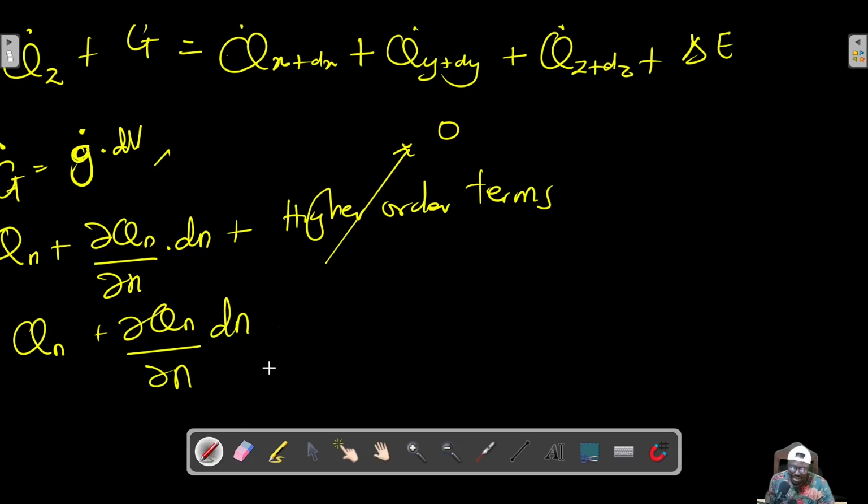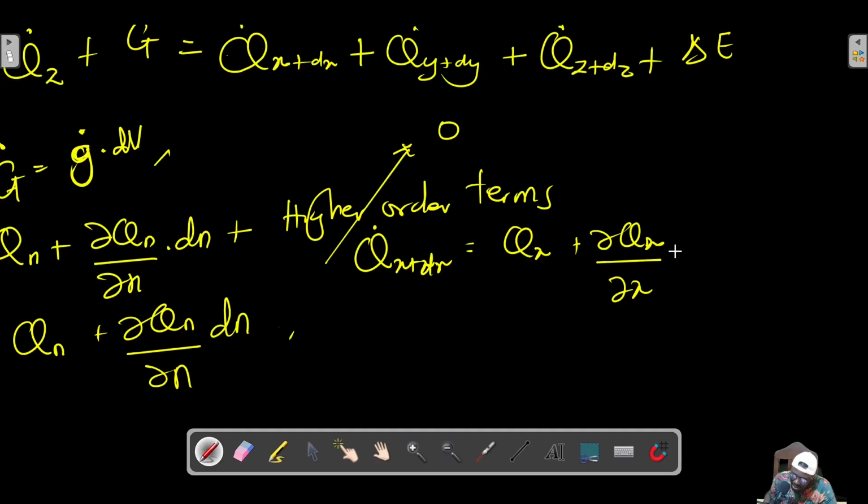Then if my Taylor series is basically this, I can say that Q subscript x plus dx, the rate, can be written as Qx plus del Q subscript x divided by del x times dx.